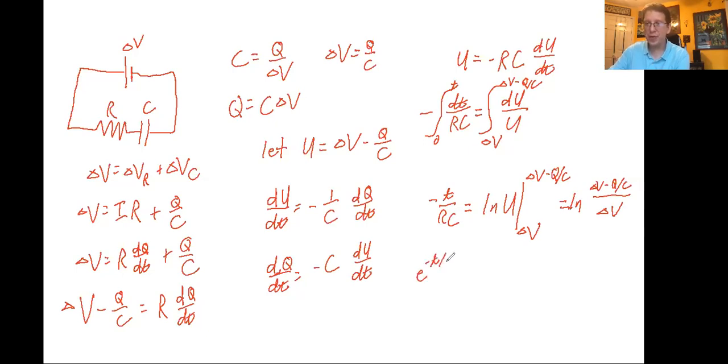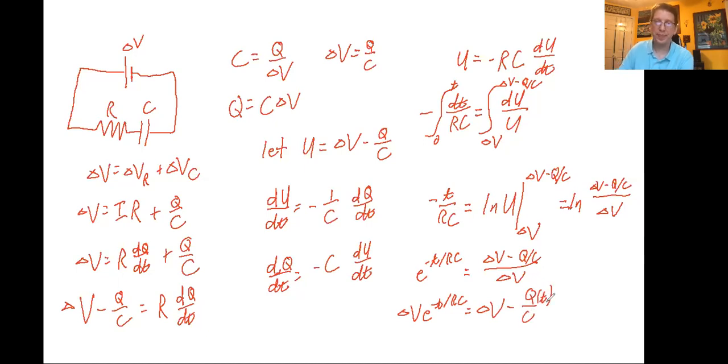So e to the negative t over RC, and remember, the product R times C is the time constant tau, is equal to delta V minus Q over C divided by delta V. And so we want to isolate the Q. So we multiply both sides by delta V. So that's delta V e to the negative t over RC is equal to delta V minus Q over C. And we'll write that as a function of t.